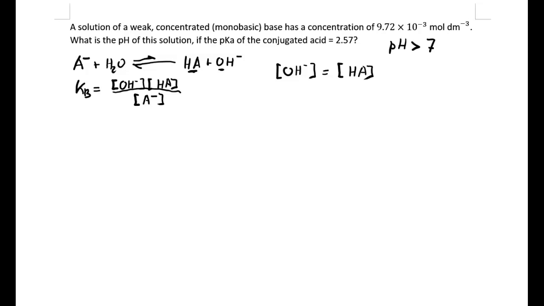And for the base that is left in the equilibrium, we would have the concentration of the base that we had at the beginning minus what has already dissociated, which would be minus the OH minus concentration.